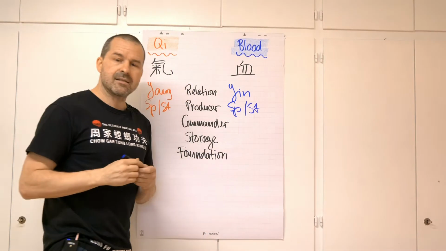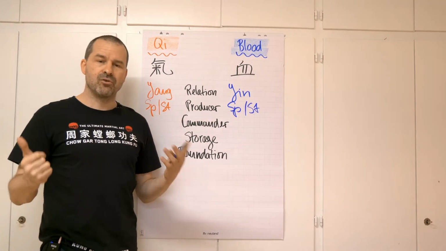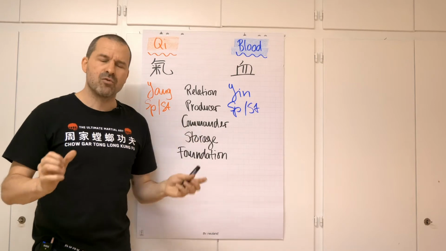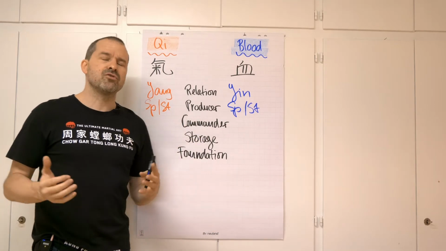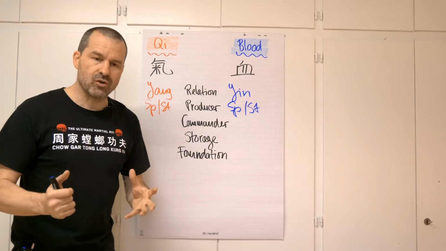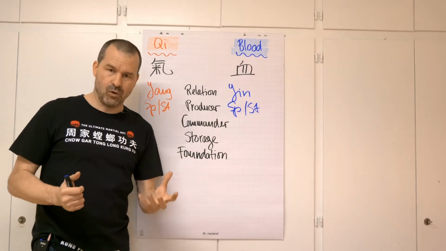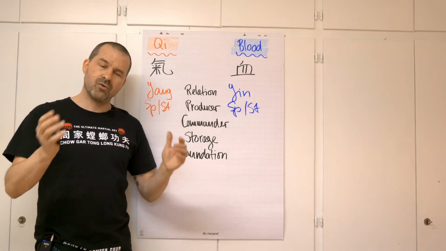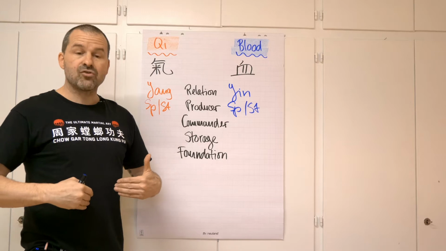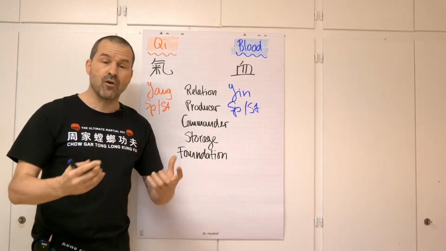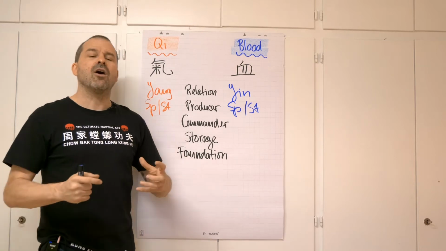So spleen and stomach are the producers, the most important in the beginning to produce new qi and blood. The stomach is the source of food and water, because when we eat and drink, food and water go straight into the stomach, and in the stomach we have the first transformation, the fermentation of the food.